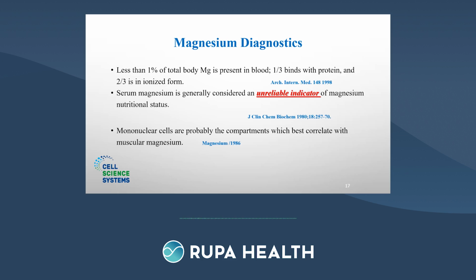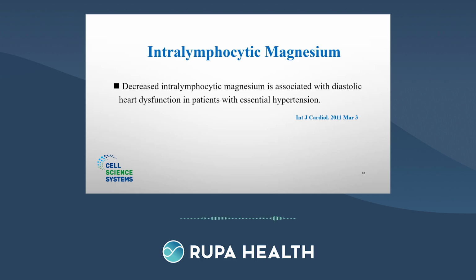And like I said, this is independent literature out there. Then they looked at the lymphocyte in regards to cardiovascular, and they said, well, was there some correlation? You can see here in the International Journal of Cardiology in 2011, so 12 years ago, that they found that a decrease in the intralymphocytic magnesium was associated with diastolic heart dysfunction in people with essential hypertension.